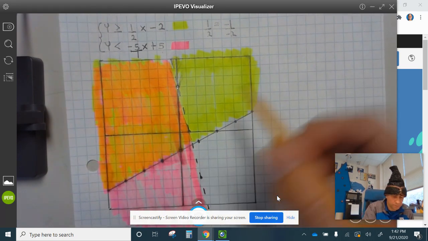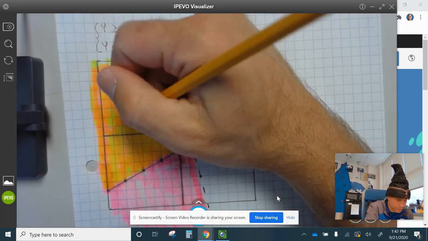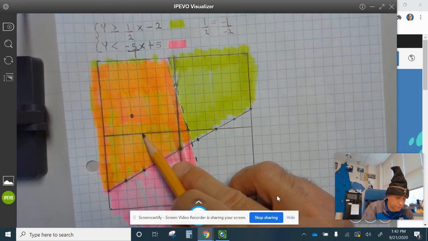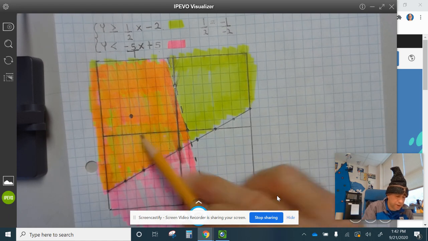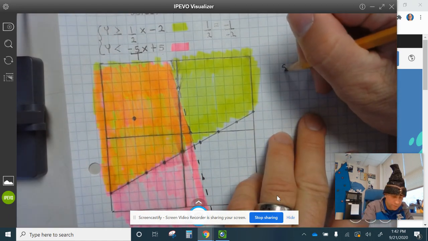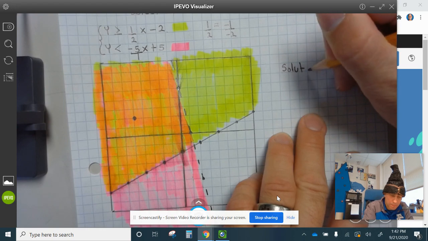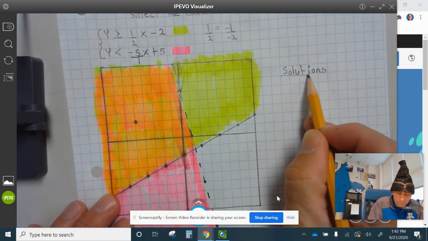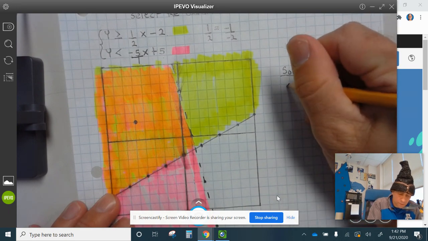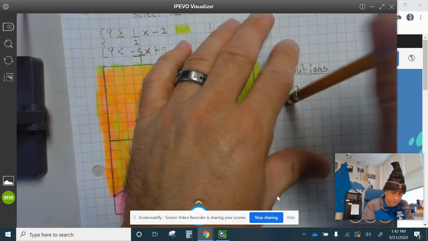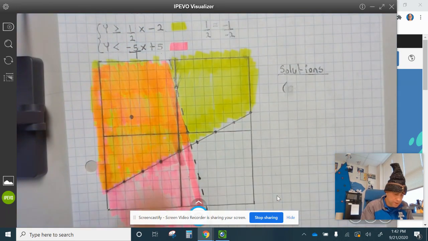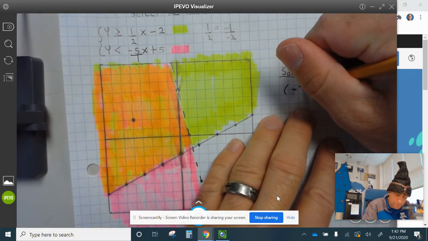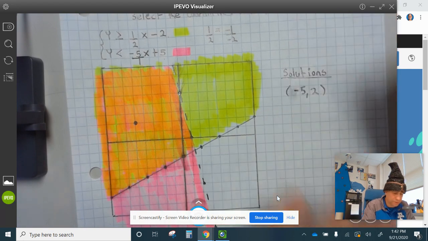Let's just pick this point right here. That point is negative 1, 2, 3, 4, 5, so (-5, 2). That's one solution. Sorry, negative 1, 2, 3, 4, negative 5, 2 is one of the solutions.